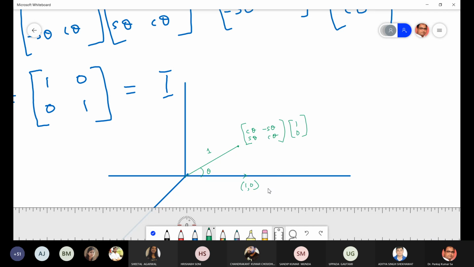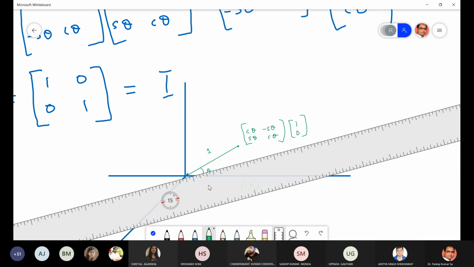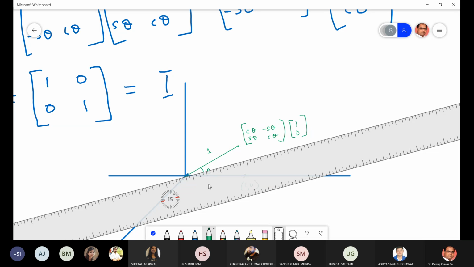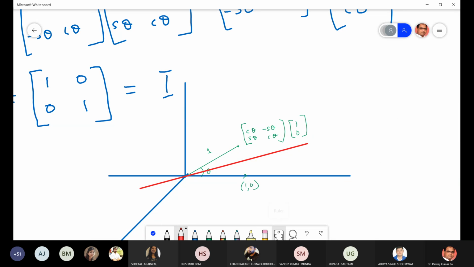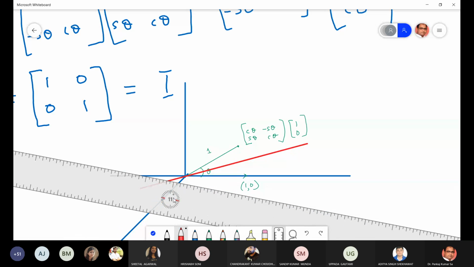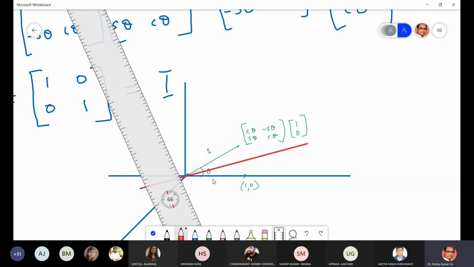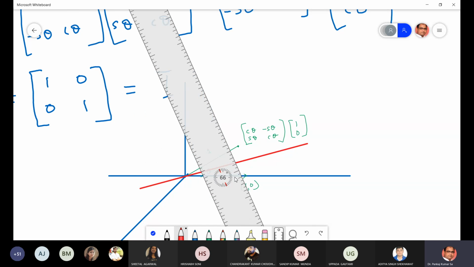And this is nothing but the reflection of the point 1, 0.